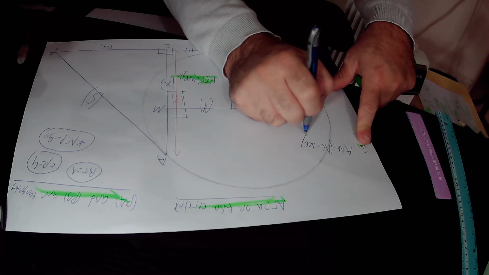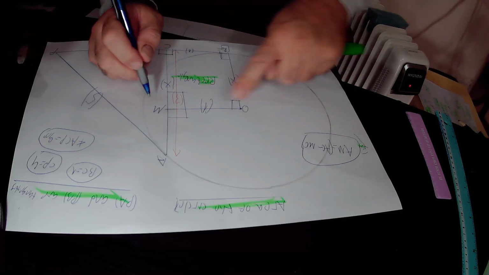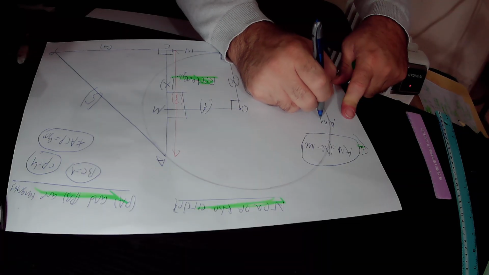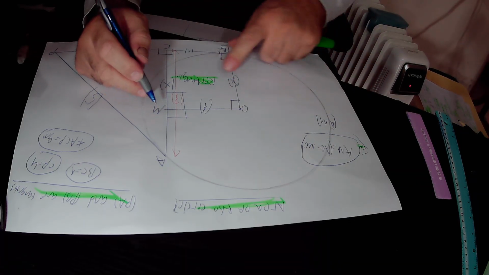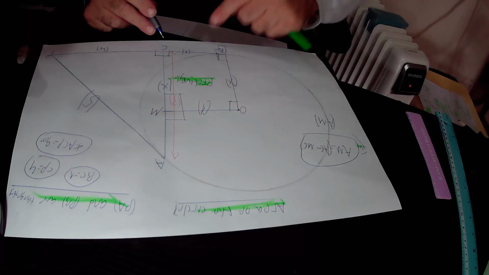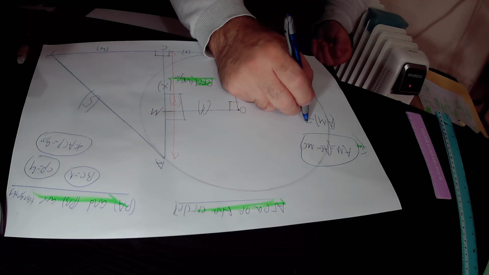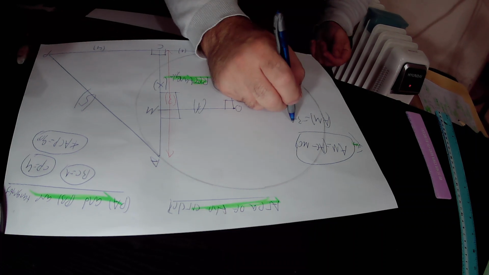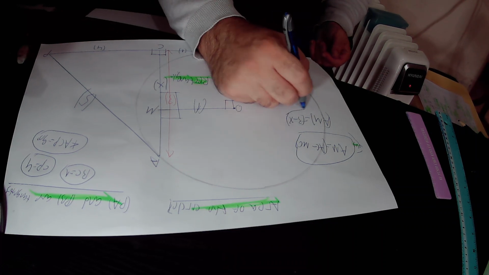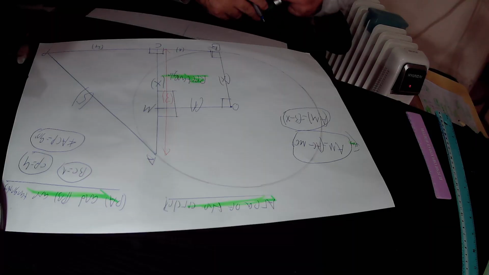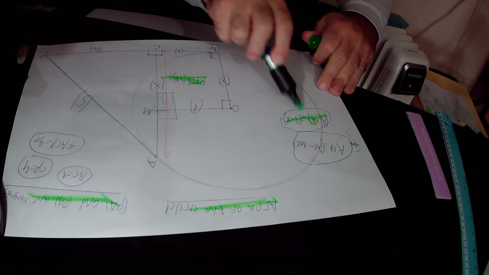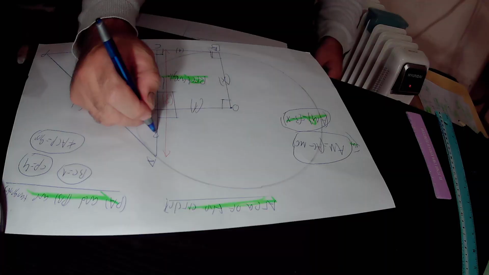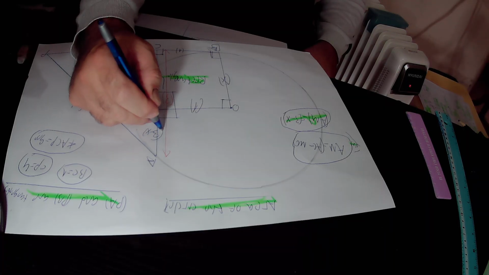So the missing side AM in total equals AC, AC is 3, minus MC, MC is x. So in total AM equals 3 minus x units in its length.